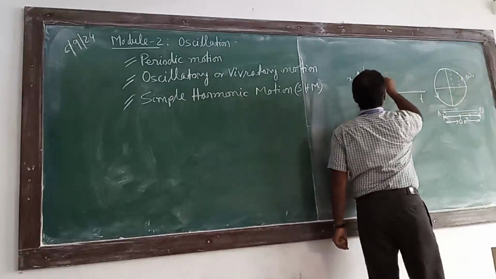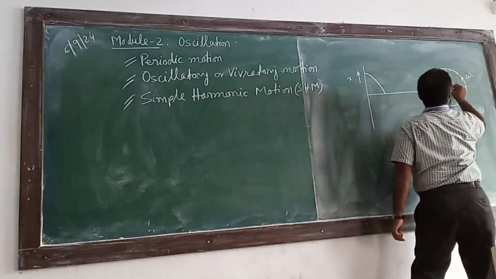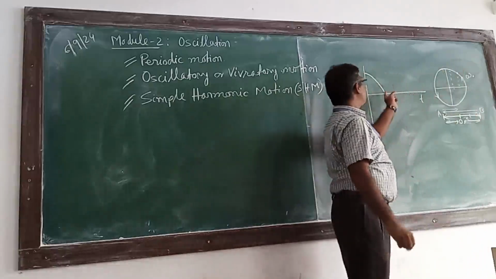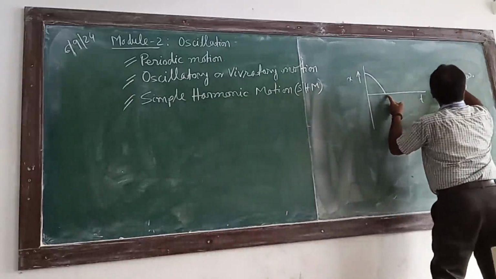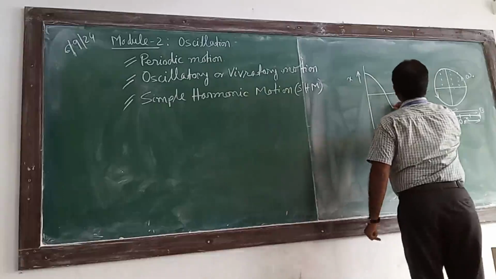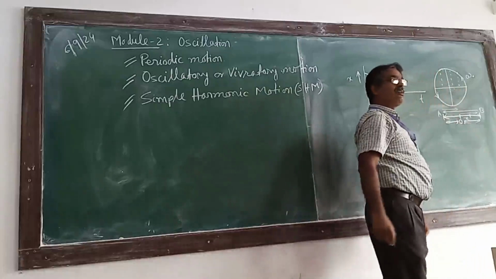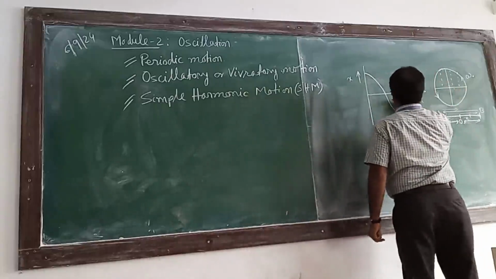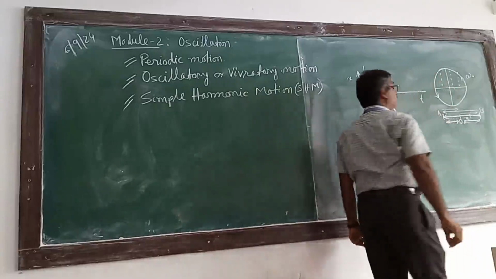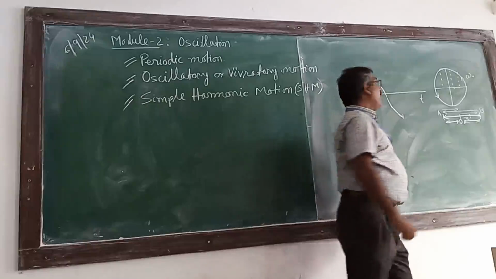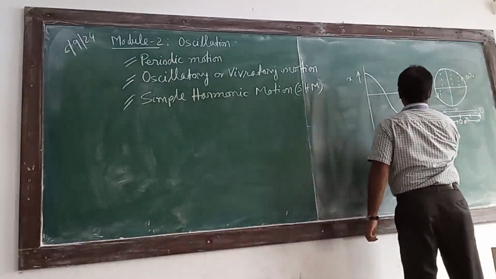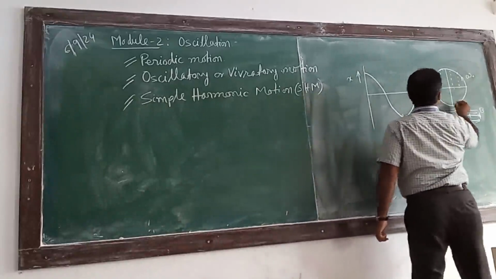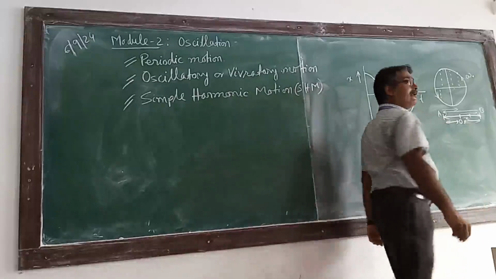And when the particle is there, then the displacement is 0. After that, the foot goes down in the negative direction. Okay. And when the particle is there, it will again come to the maximum position here. Again, when the particle comes here, the displacement is 0 again.